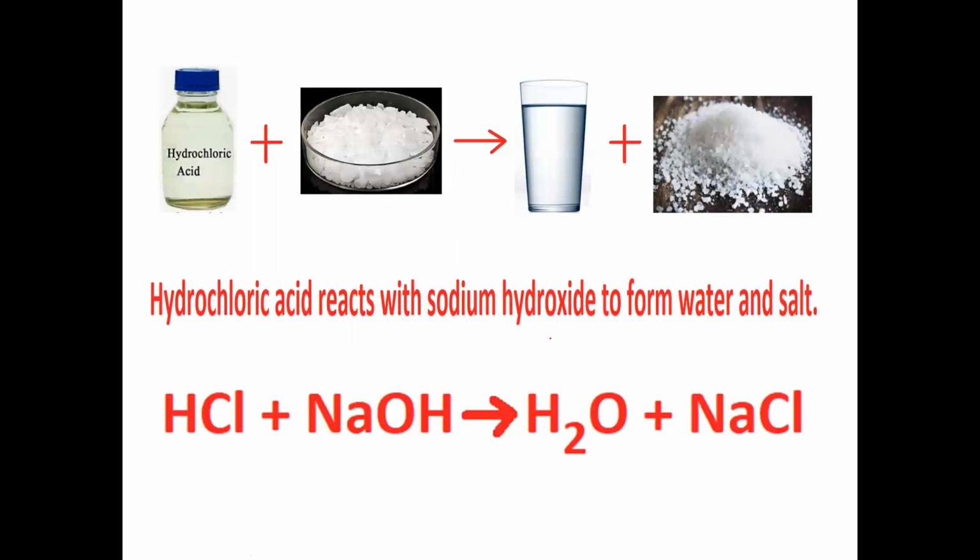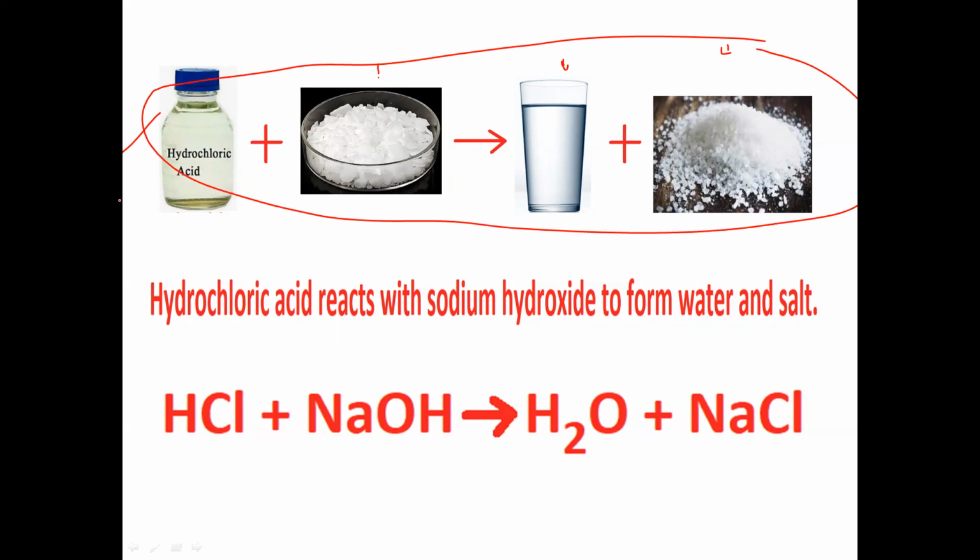Now you can represent chemical reactions in different ways. Like in this one, you can use figures or pictures. So this is hydrochloric acid combined with the sodium hydroxide here. And then when you combine them, they form what we call water and salt. So it could be represented like this, or it could be in a sentence form.